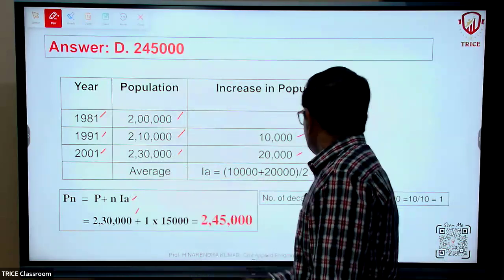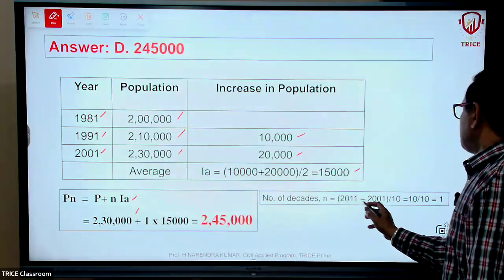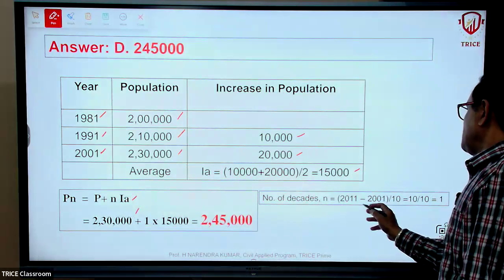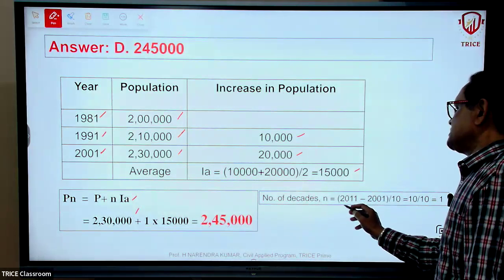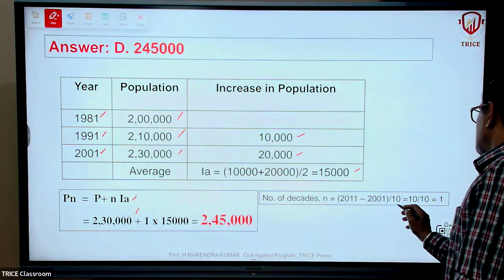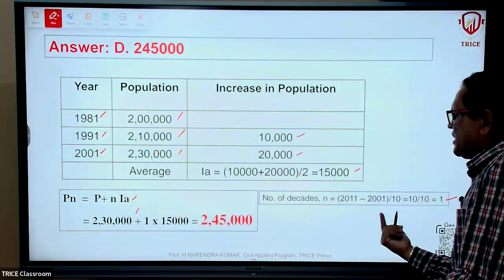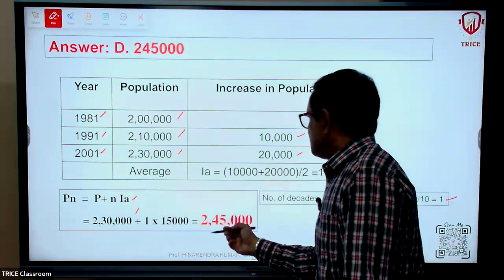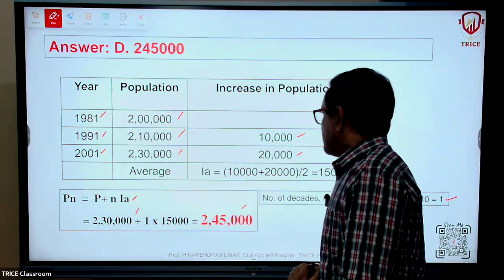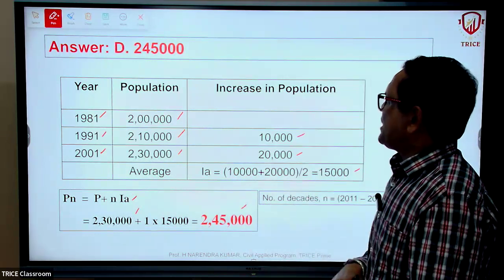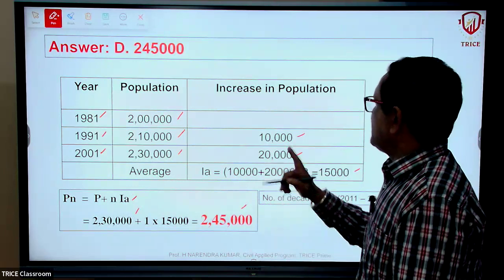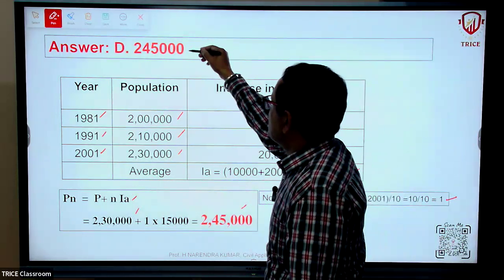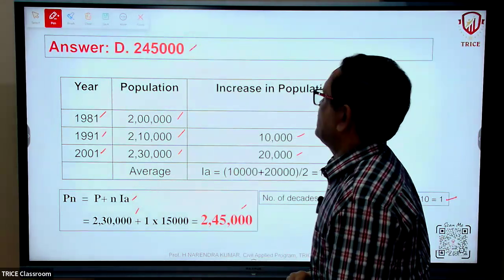Here n is nothing but (2011 minus 2001) divided by 10, since we need to calculate P2011. So the n value is only 1 decade. It's a very simple calculation. So 2,45,000. Look back and identify the answer. The answer is D, 2,45,000.